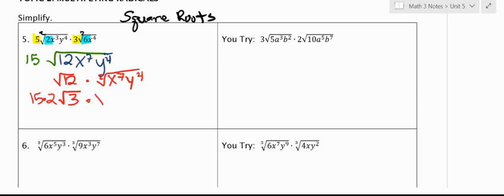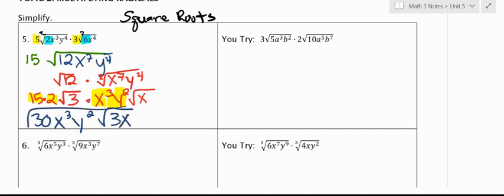So I can pull out 3 groups for x, 2 groups for y with a remainder of x. And then finally, anything outside multiplies. So 15 times 2 is 30. So 30x cubed y squared. And then everything under the radical goes together. So root 3x.